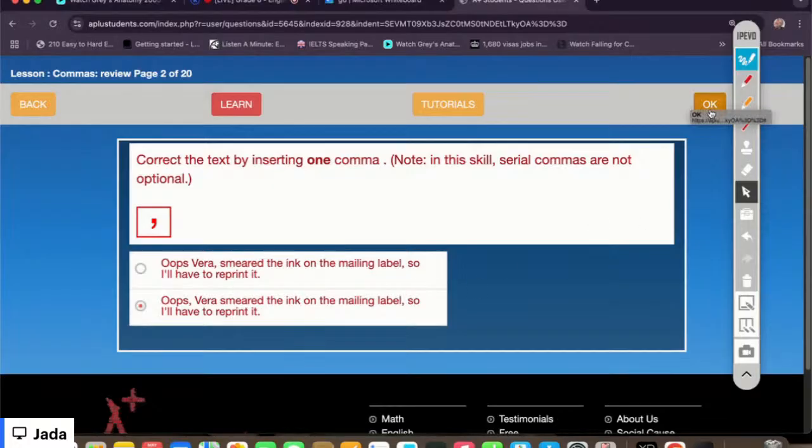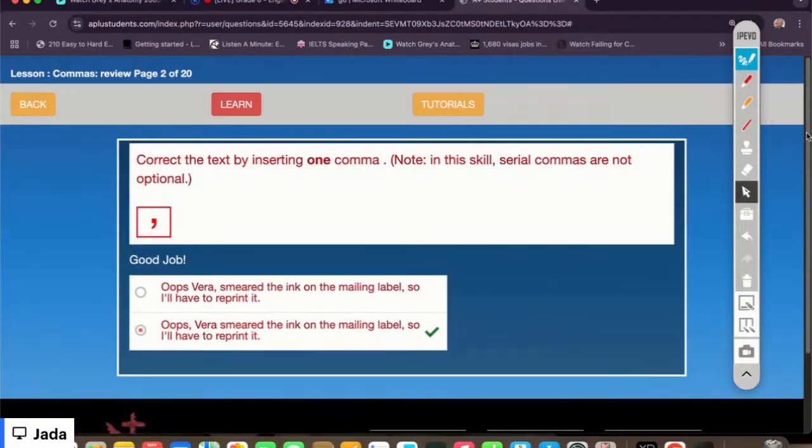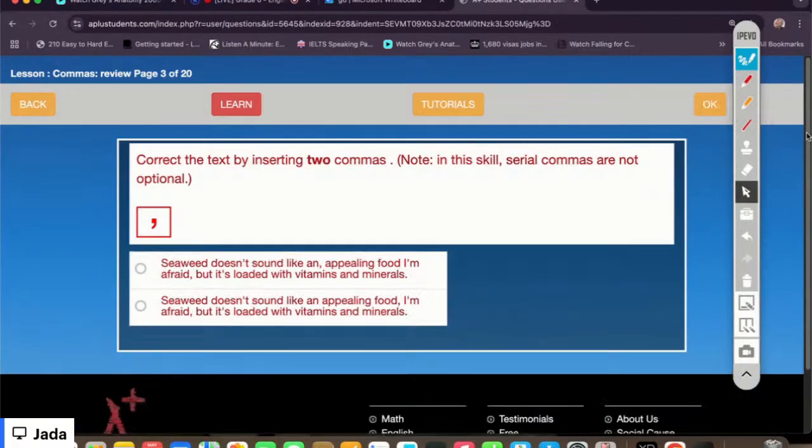So we have the second, right? Okay. Then: seaweed doesn't sound like an appealing food, I'm afraid, but it's loaded with vitamins and minerals.